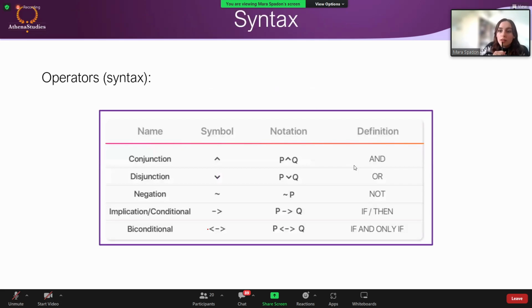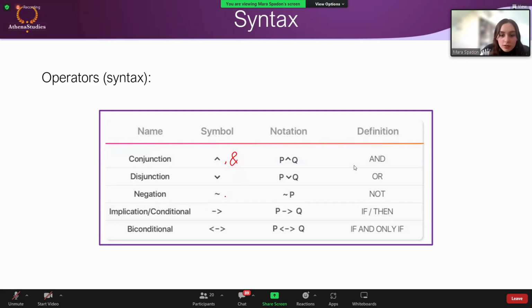All right. So how do we present this in logic? We have the syntax, which is the expression. We have these few symbols that you really need to remember. We have the conjunction, meaning and, which could also be written like this. We have the disjunction, meaning or, which is this upside down V, or just a V, sorry.